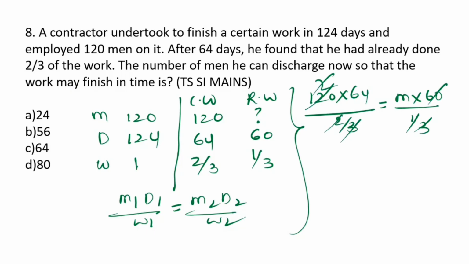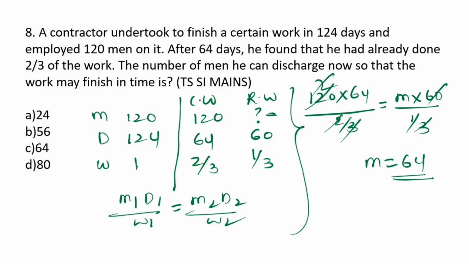This 2 cancels. So M is equal to 64, I have got.